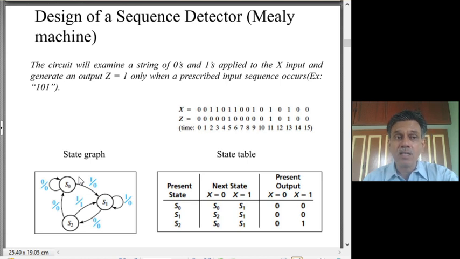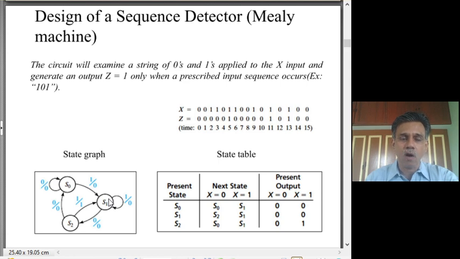No, because we have got 1 followed by a 1, and that second 1 can be the first bit of a new pattern, which is what S1 characterizes. So it is better to stay in S1 and not go back to S0. So when 1 occurs, you output a 0 and remain in S1.